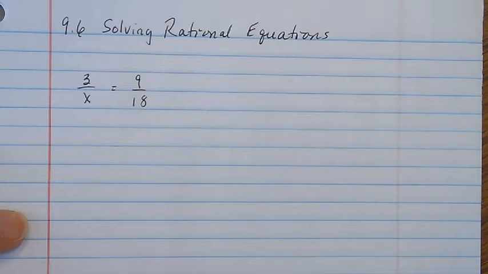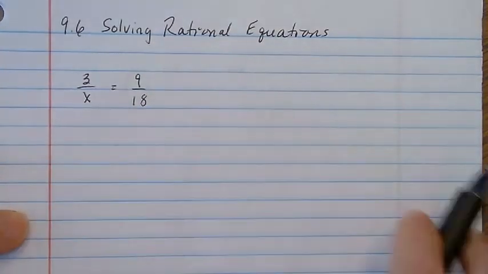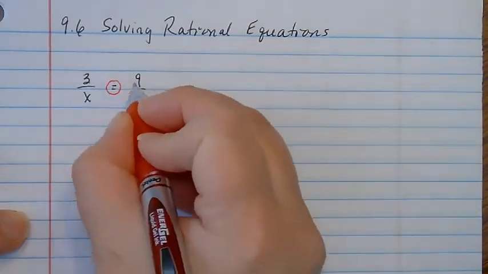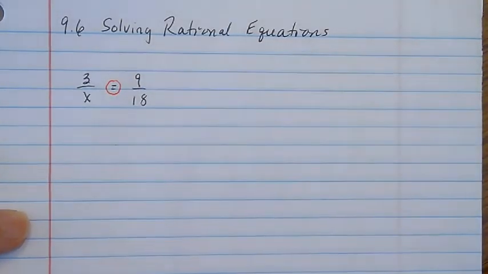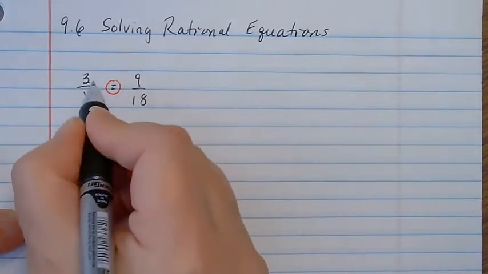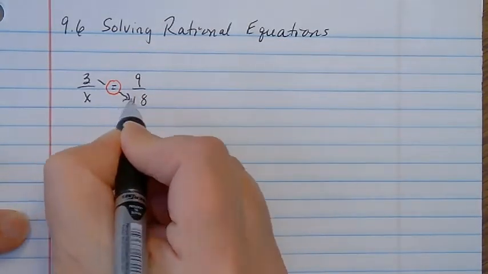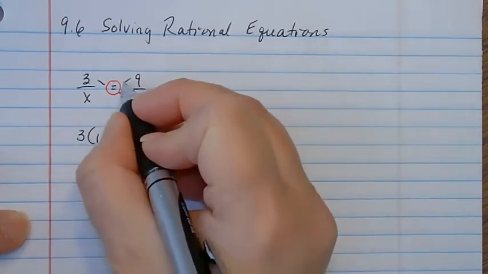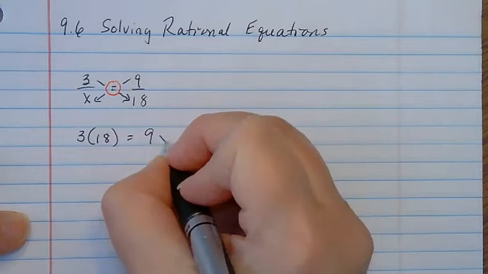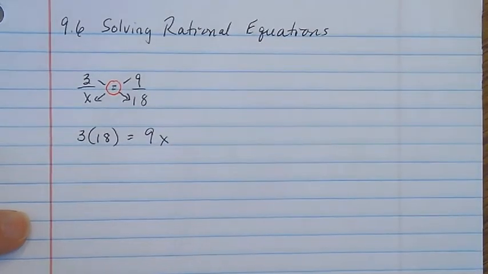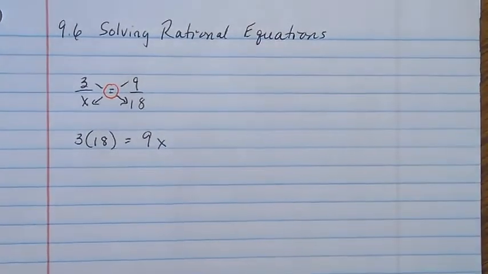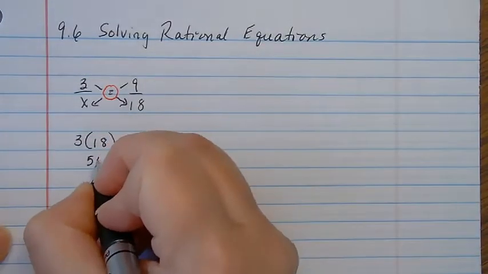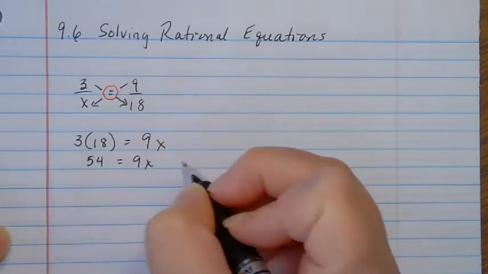In order to solve a proportion, and this works only when there's an equal sign in between. If it was multiply, I would go straight across, but because there's an equal sign between these, I can solve this proportion by cross multiplying. So 3 times 18 equals 9 times x. 3 times 18 is 54 equals 9 times x.